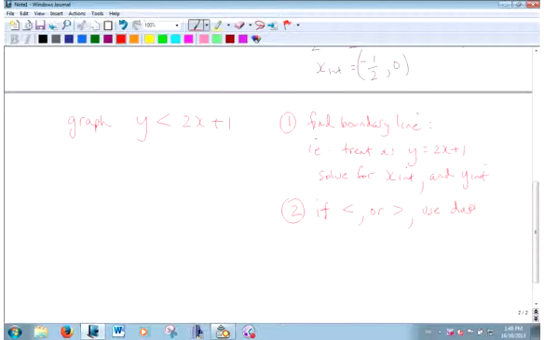We use a dashed line. Here it's going to be dashed, because it's not equal, that line is not part of the solution area. Okay? If it's less than or equal to, or greater than or equal to, then the line is part of the solution area. I'm going to use a solid line.